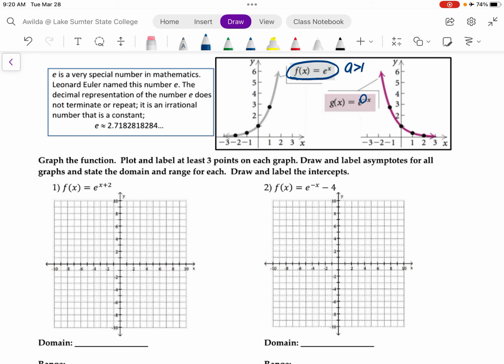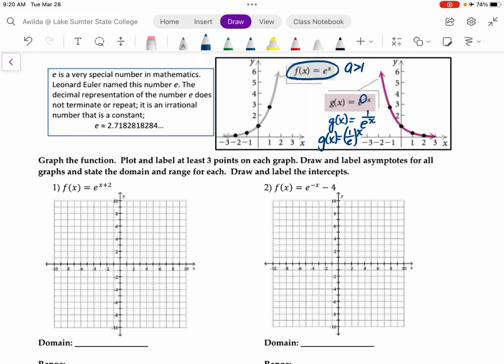And again, if this doesn't quite make sense, write g of x as 1 over e to the x power. Or you could also think of it as 1 over e as your base, all raised to the x power. Well, now 1 over e is approximately 1 over 2.7, which is a number between 0 and 1.